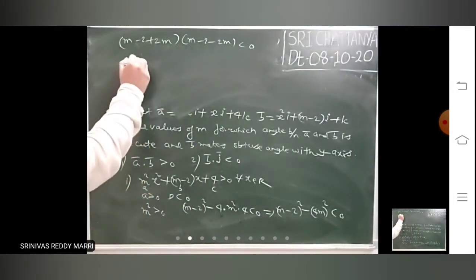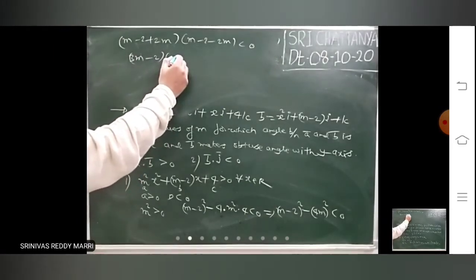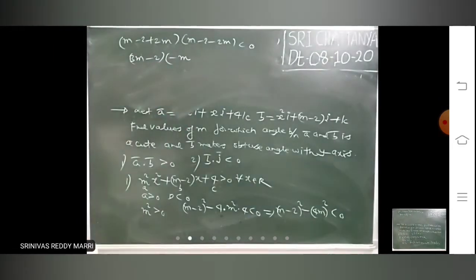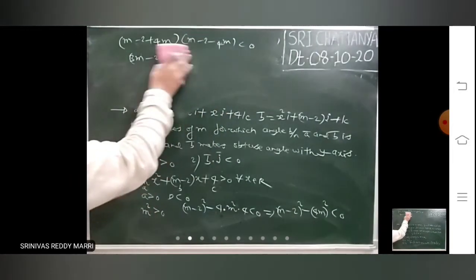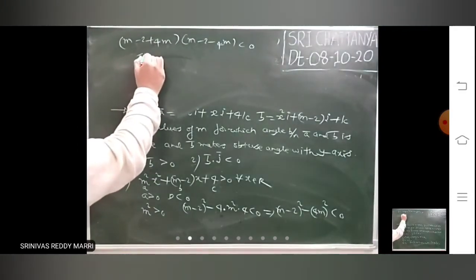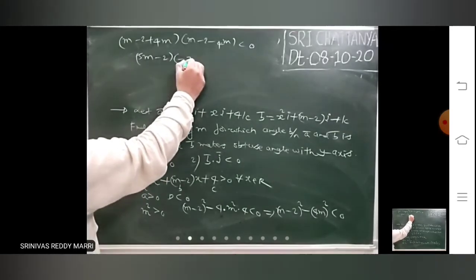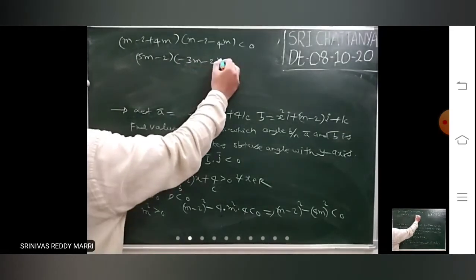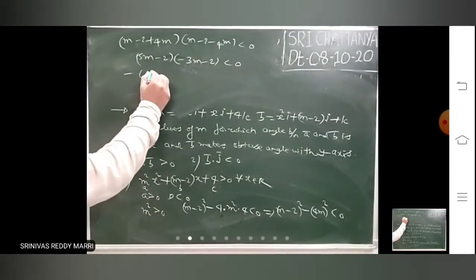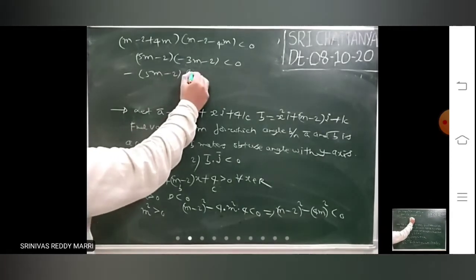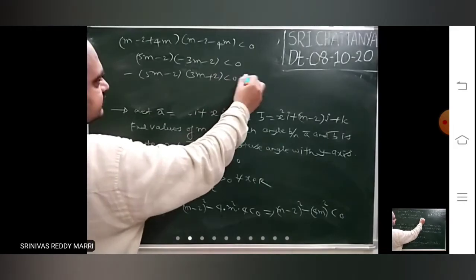Less than 0. That means this is nothing but (3m minus 2 plus 4m) into (5m minus 2 minus 3m minus 2)... take minus common, 5m minus 2, less than 0.